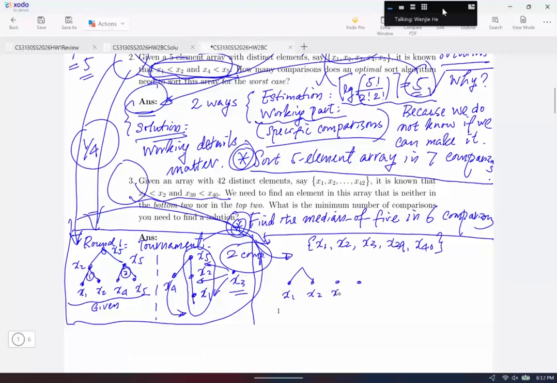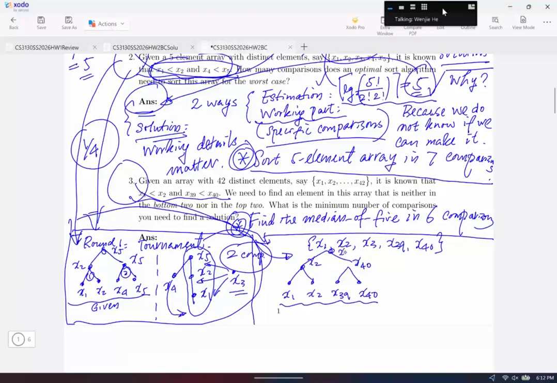So x39, x40, x2, x40, and these two comparisons you do not need to do, because they are given. You can save two comparisons. Then the first round is done.